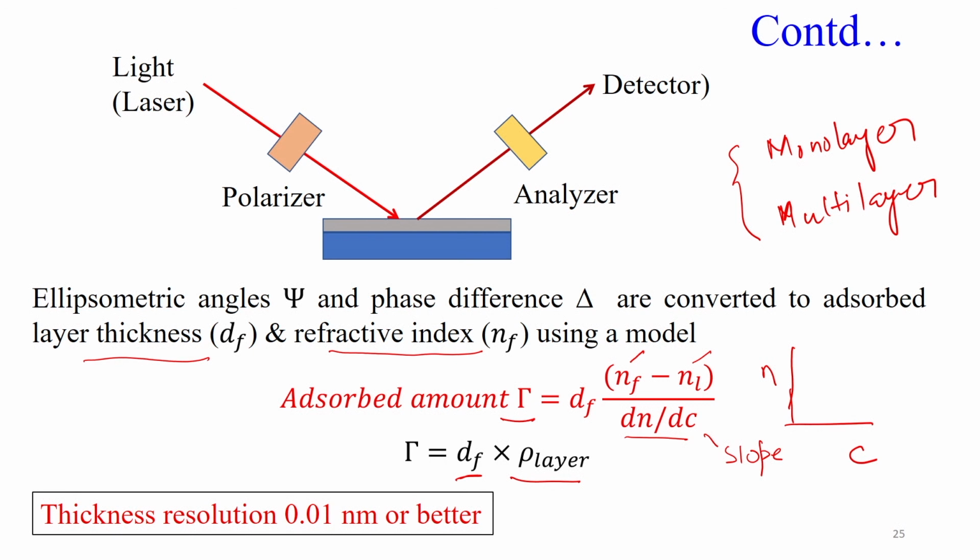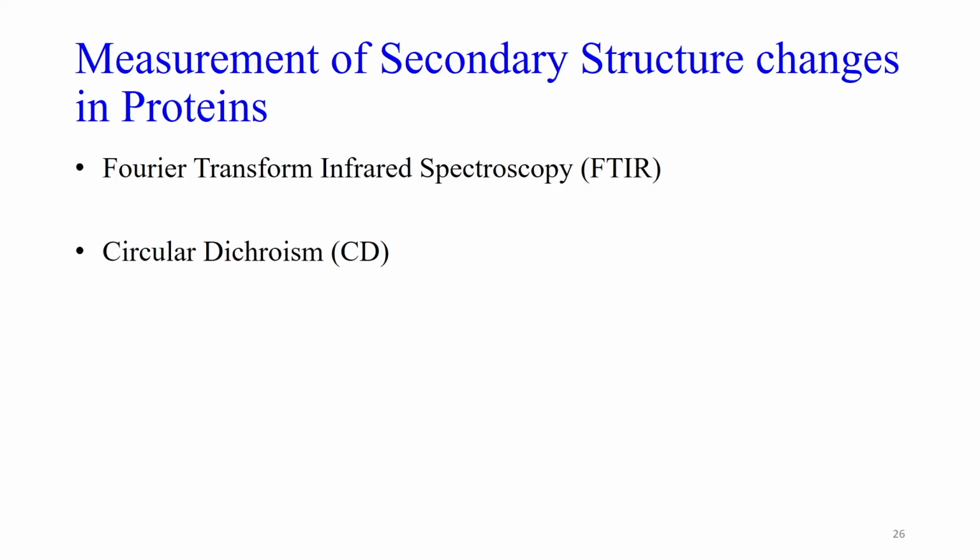So, these are the few instrument based methods to analyze the amount of adsorbed protein: SPR, ellipsometry and QCM. Now, we will discuss how to analyze the secondary structure of the protein. Here we will discuss two methods: one is Fourier transform infrared spectroscopy, FTIR, and the other is circular dichroism, CD.